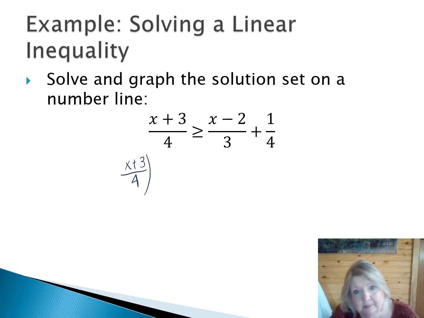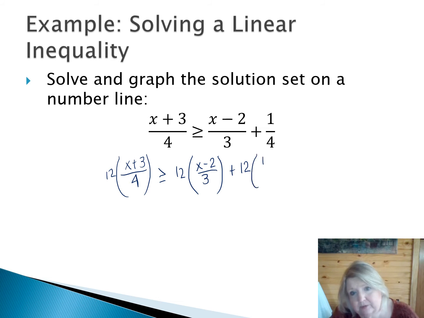Now I'm multiplying by a positive 12, so I'm not flipping my sign, times 12, greater than or equal to 12 times x minus 2 over 3, plus 12 times 1/4. Again, I am multiplying both sides, but at the same time I'm distributing on the right-hand side.